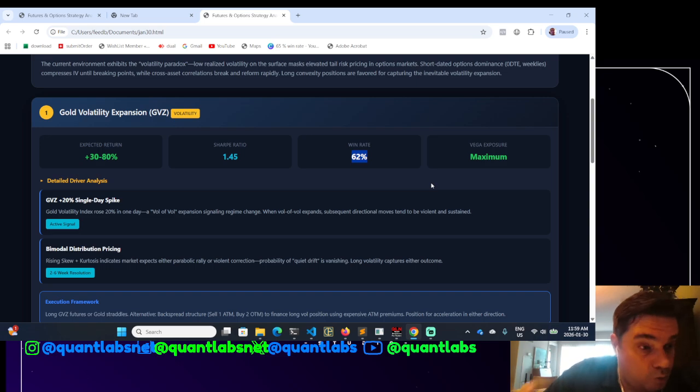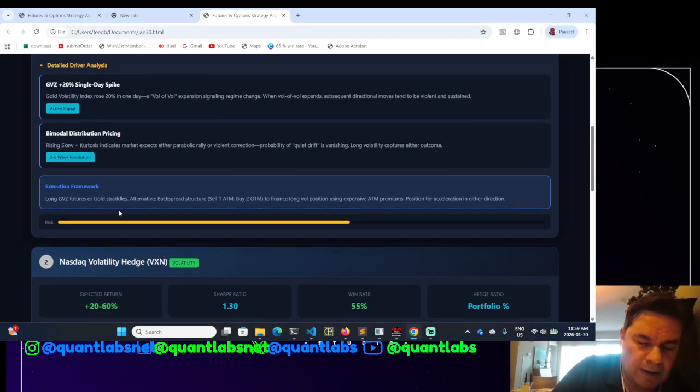If you went into futures and options, you would minimize your risk but have virtually unlimited upside on these various trades. Vega exposure maximum. So we have long GVZ futures on gold straddles, an alternative back spread structure.